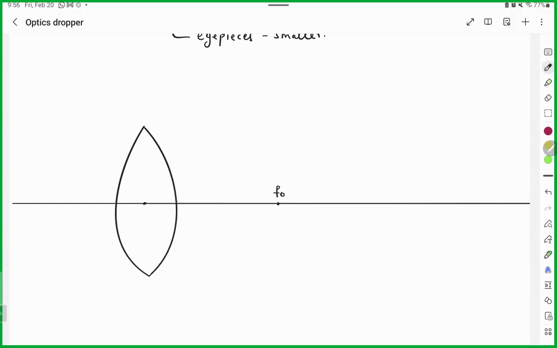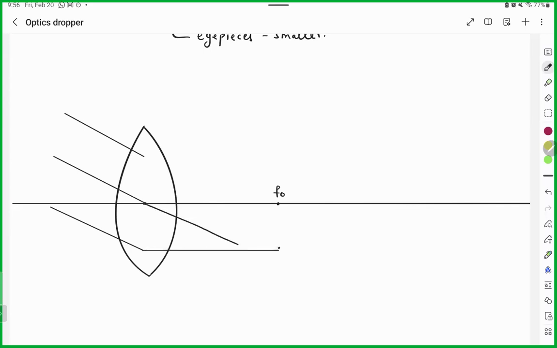So in this case, what will happen? Parallel ray will come like this. All will pass through the focus only. So you can make it here one.